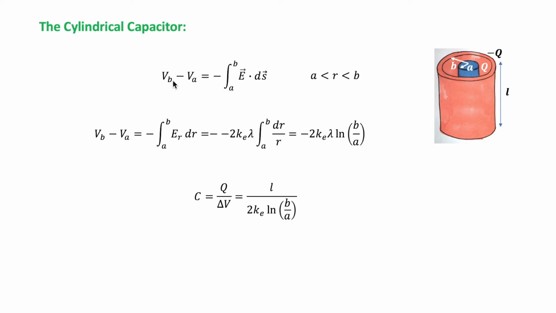And so we have the potential difference between a point here at B and A is equal to this expression. And E here is the electric field in the region between A and B. And if we use the previous result we obtained for the electric field of a cylinder of a uniform charge per unit length lambda, it was given by 2 Ke lambda over r, where E is radially outward.